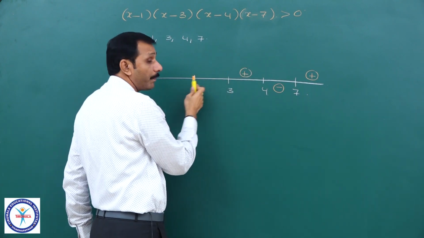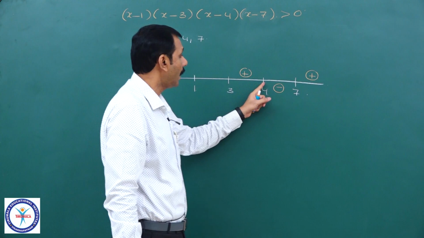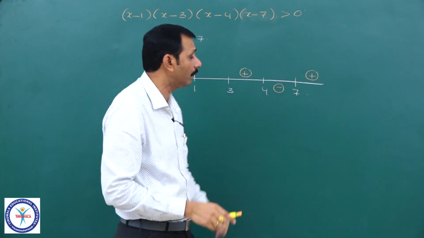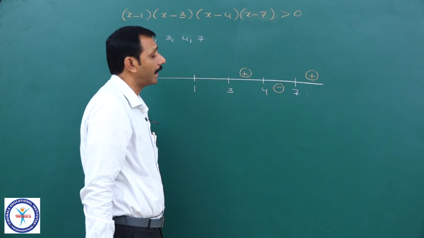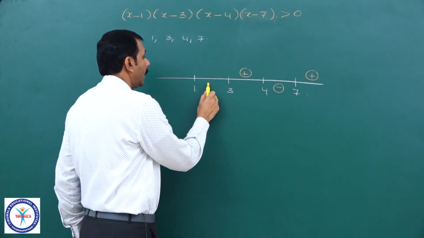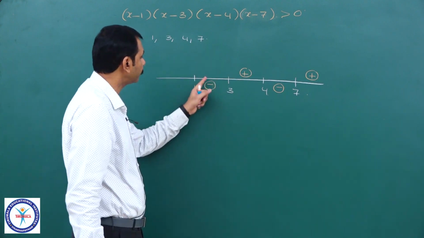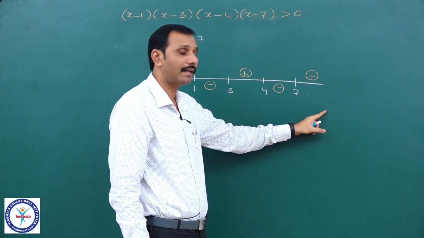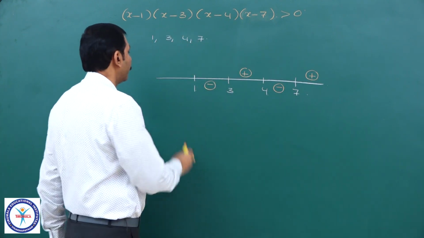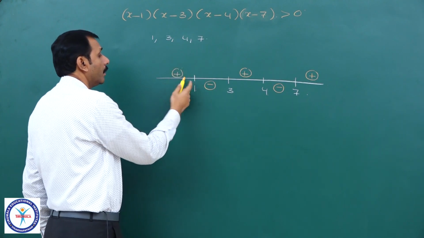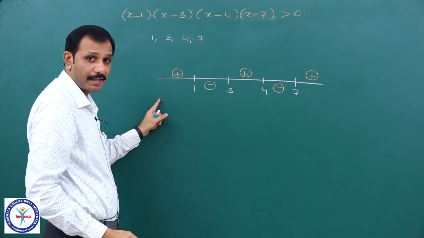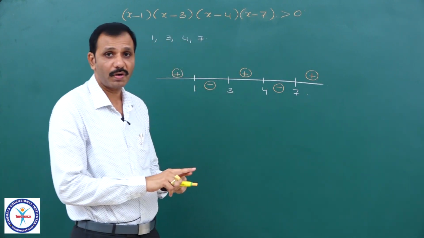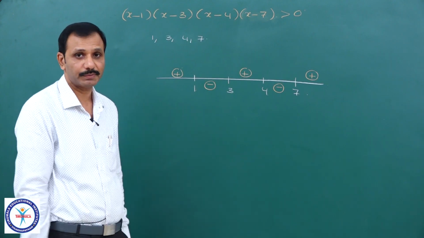Because two factors are positive and two are negative, and the product of two negatives gives positive, so the expression is positive. Between 1 and 3 it is negative with the same reason, because x greater than 1 makes one factor positive, all these 3 are negative factors, and the product of 3 negatives is negative. And here it is positive, because whenever I take x less than 1, all factors become negative, and the product of 4 negative factors is positive.